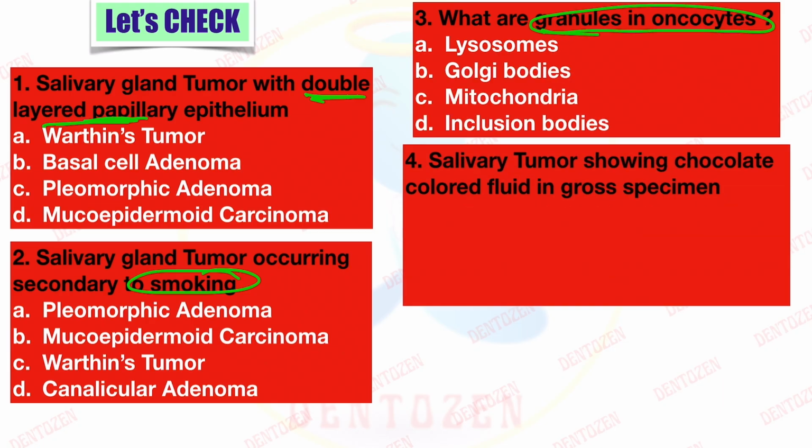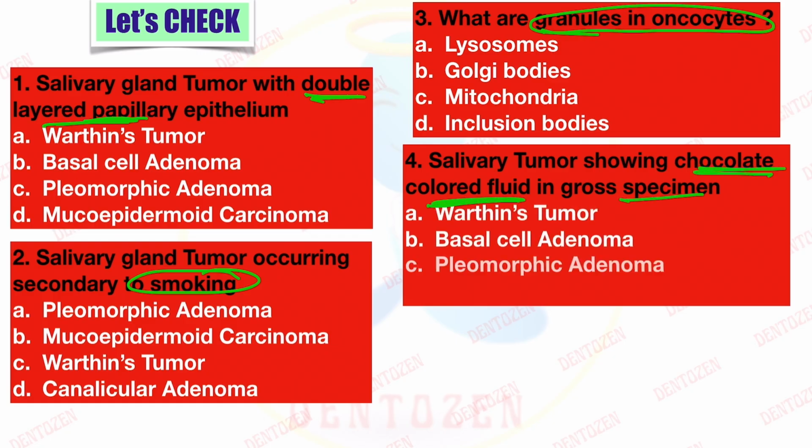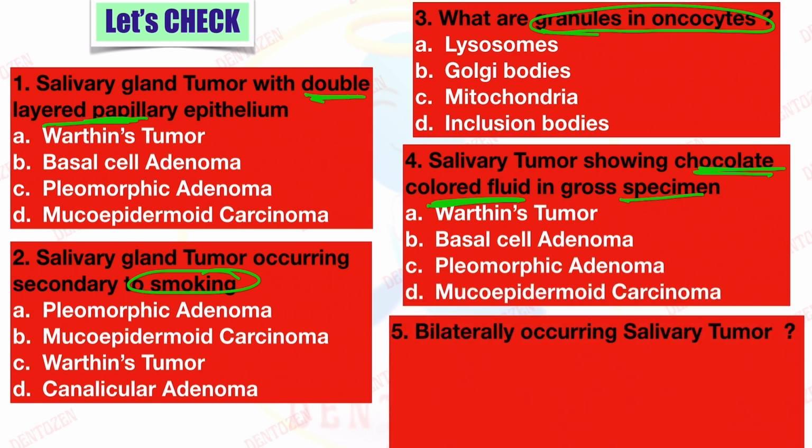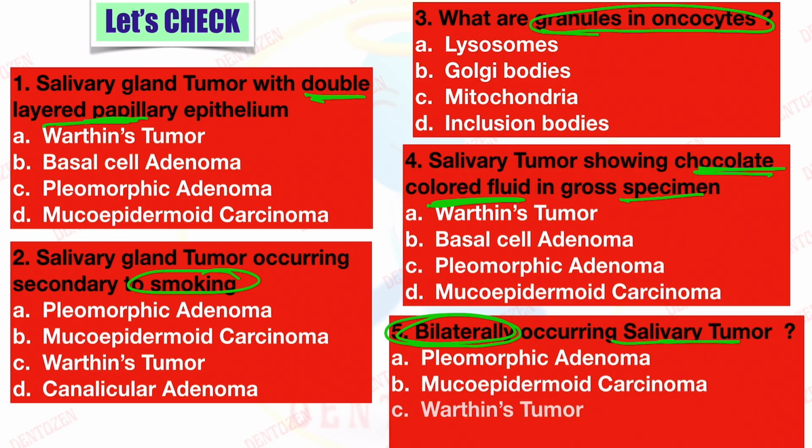Then which salivary gland tumor shows chocolate colored fluid in the gross features? Warthin's, basal cell adenoma, pleomorphic, or mucoepidermoid carcinoma? And the final question, which of these is a bilaterally occurring salivary gland tumor? You can pause the video here, mark your answers, and then check your answers.